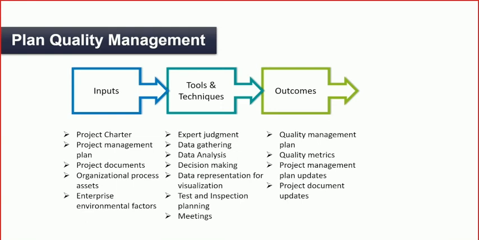Tools and techniques are expert judgment, data gathering, data analysis, decision making, and data representation for visualization. The outcomes of planning are the quality management plan, quality metrics, project management plan updates, and project document updates.